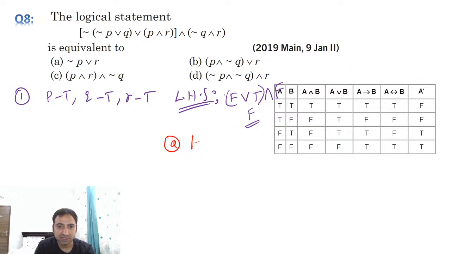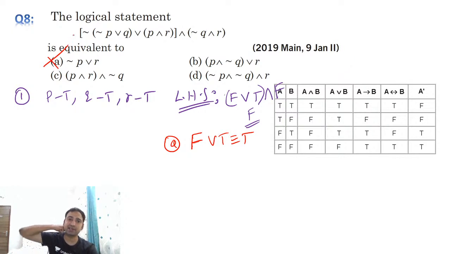False. Negation of P is like false, or true. Or true. So this is going to be true, guys. But we need false. Can I eliminate the first option, guys? First option is getting eliminated. Why? Because for the given substitution, LHS is becoming false, but the first option is becoming true. So can I eliminate option A, guys? Can I eliminate option A? Yes, I am able to eliminate option A.